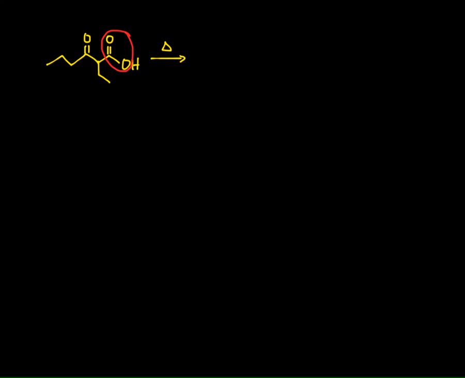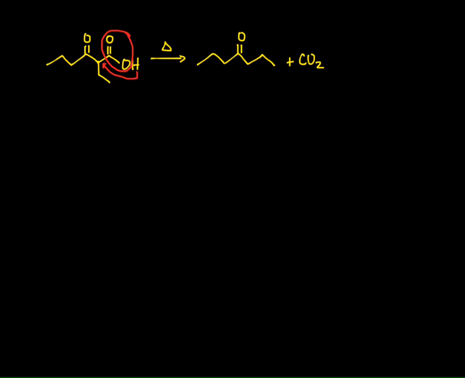To visualize what's going to happen here, you can think about that carboxylic acid. The CO2 is coming off. The hydrogen then basically replaces where that CO2 was located, and so we get this. We've formed our ketone in the process.